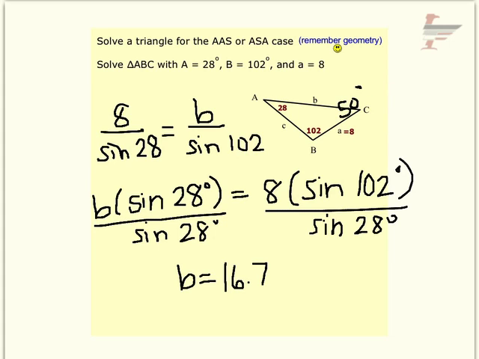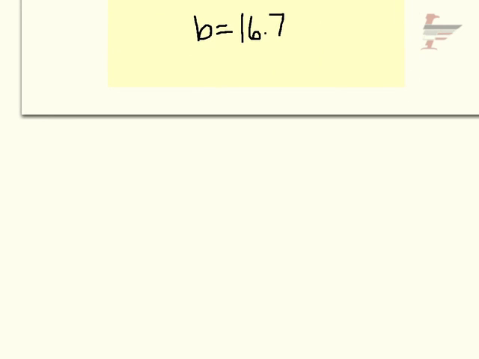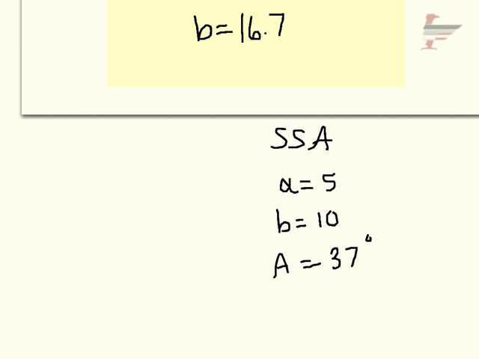Okay, now I want you to think about what if you had the ambiguous case, which is side-side-angle. Okay, so now maybe I give you an angle and two sides, and let's say I said side A is 5, side B is 10, and angle A is 37 degrees. Well, angle B and angle C could be different things depending on these lengths.